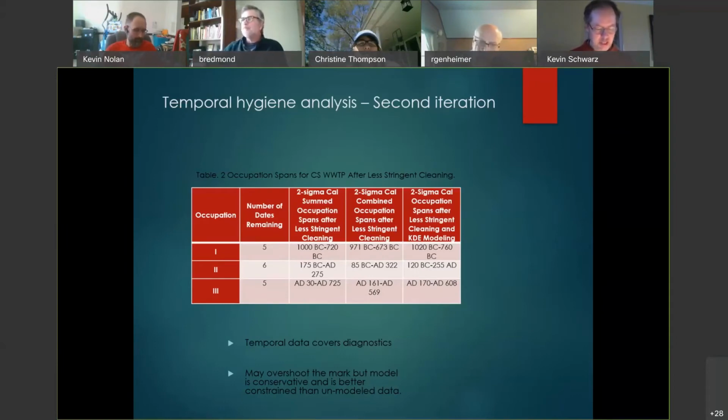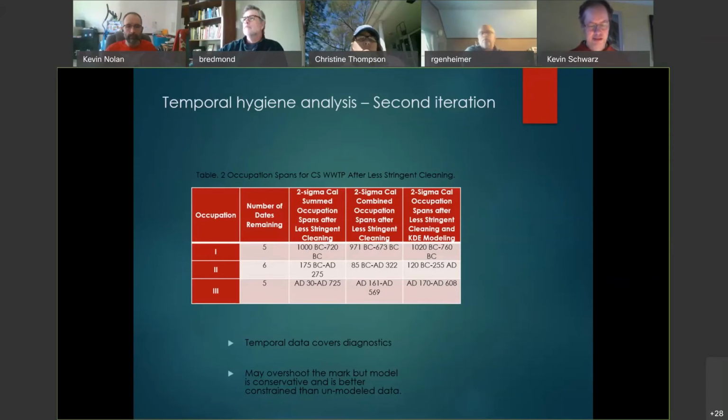So the second iteration covers temporal data much better, covers the diagnostics, and seems to be very consonant with the comparison sites, as I'll show you here in a second. It may overshoot the mark a little bit. It's a conservative model, but it's better constrained than the unmodeled data. In other words, if you just compare the radiocarbon spans, the 2 sigma spans, it's better constrained.